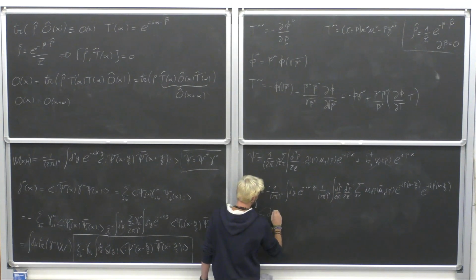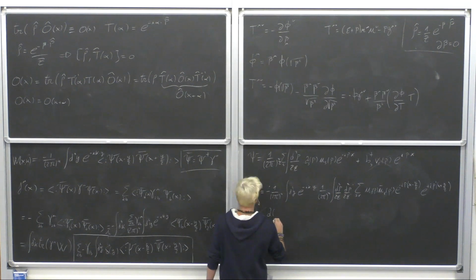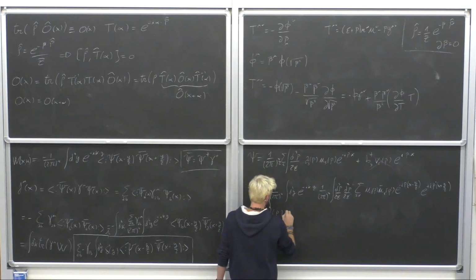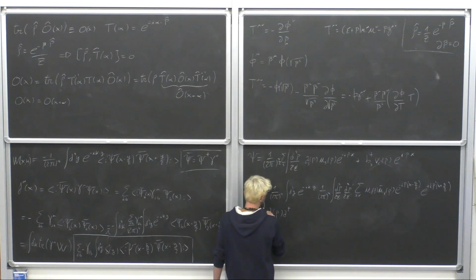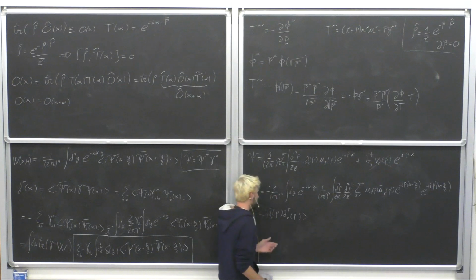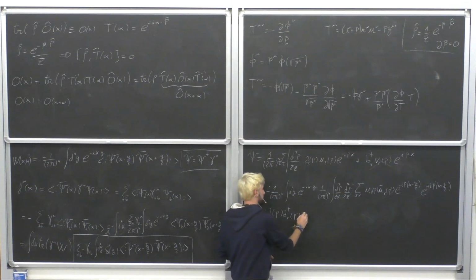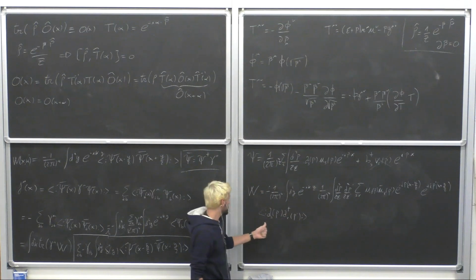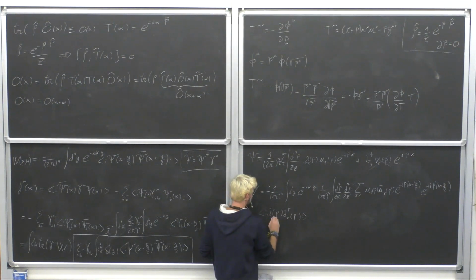And then finally we have the expectation value of a_s(p) a dagger_r(p prime). This is in normal ordering, so I will pay a sign and change the order. Okay, let me write it explicitly.